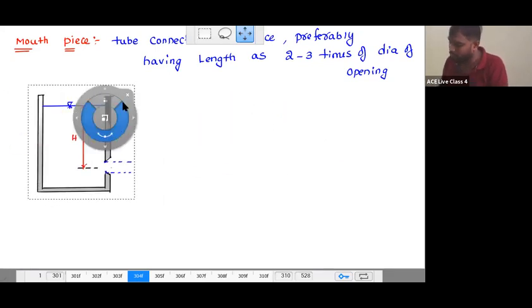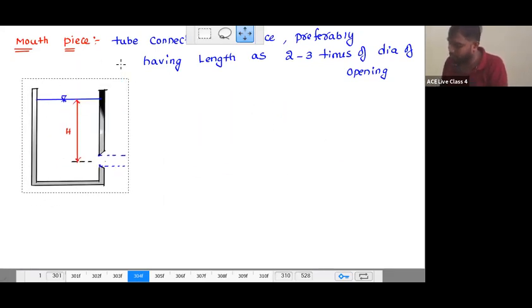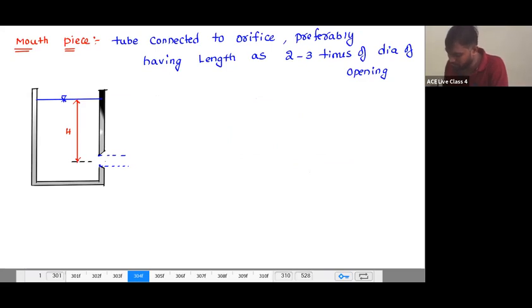So now again the same figure. This time I am going to attach a tube over here, and this tube is known as a mouthpiece.